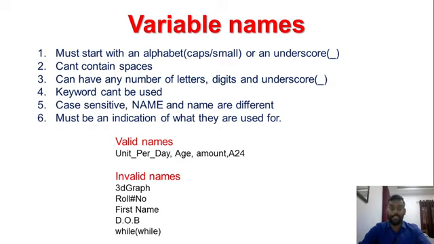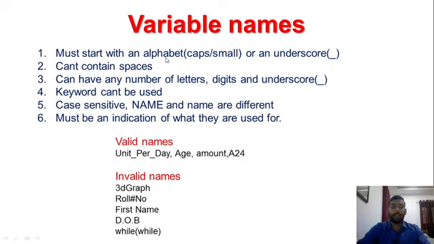These are the 6 specific points, and they are very important for you because there will be questions directly from this portion. Either you will be asked what things to be taken care of while defining a variable name, or you will be given some names and you have to mention whether they are valid or invalid.